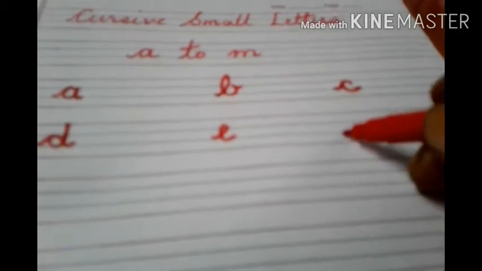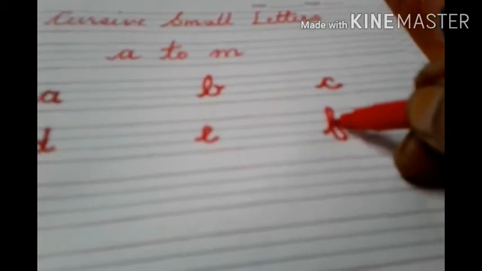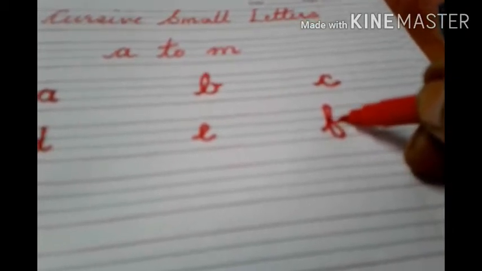Now next letter is F. Place your pencil on the third line, go to the top line, turn left side, come back to the bottom line, touch the bottom line, go to the second line, make a small curve.